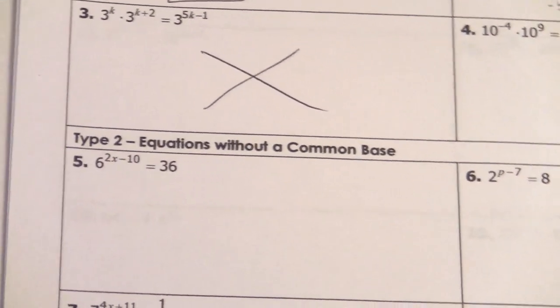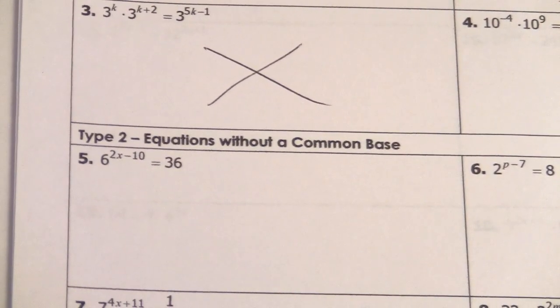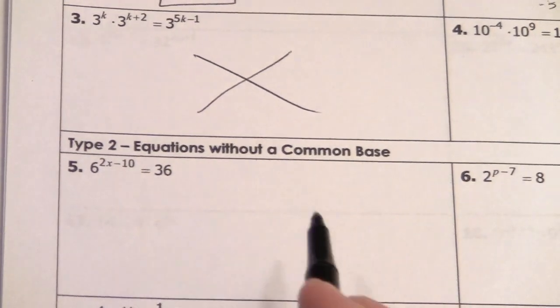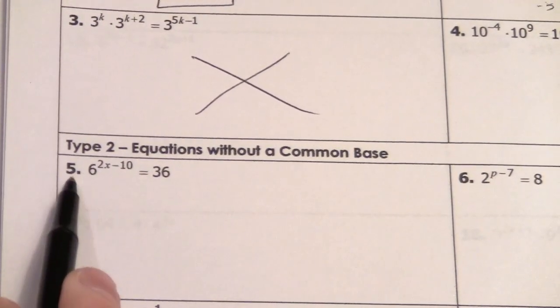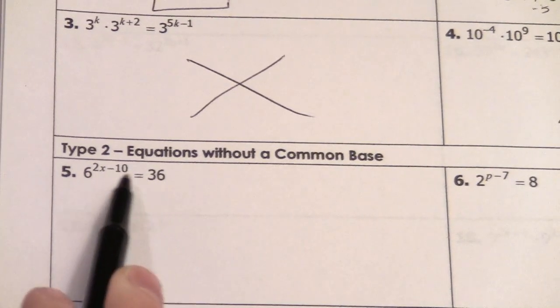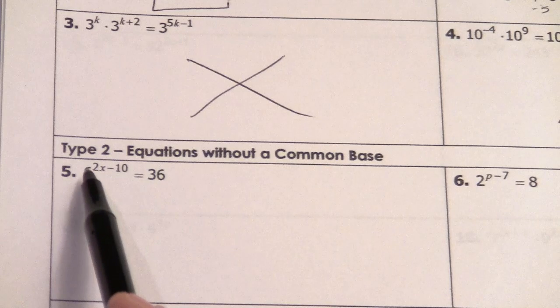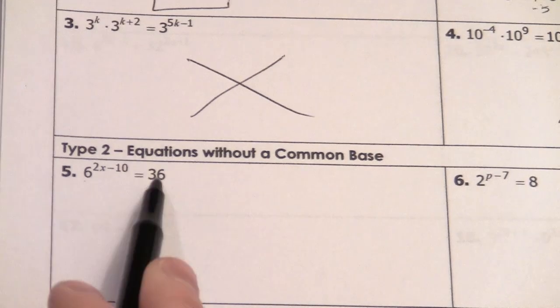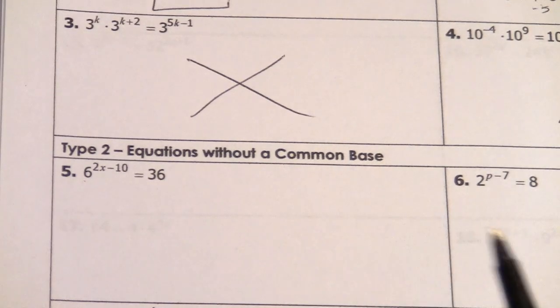All right, so now we're moving down to type 2. These are equations without a common base. So as we can see in number 5 to begin, we have 6 raised to the 2x minus 10 power equal to 36. As you can obviously see, 6 and 36 are not the same. So what we have to do is kind of play this game of what can we change these two so that they match.